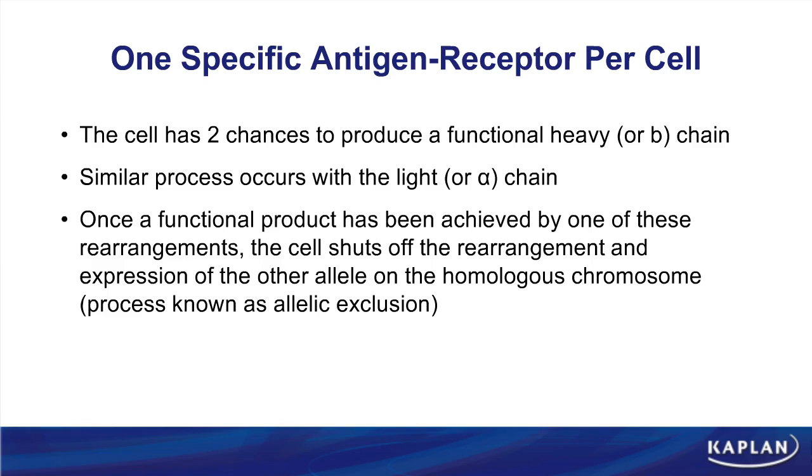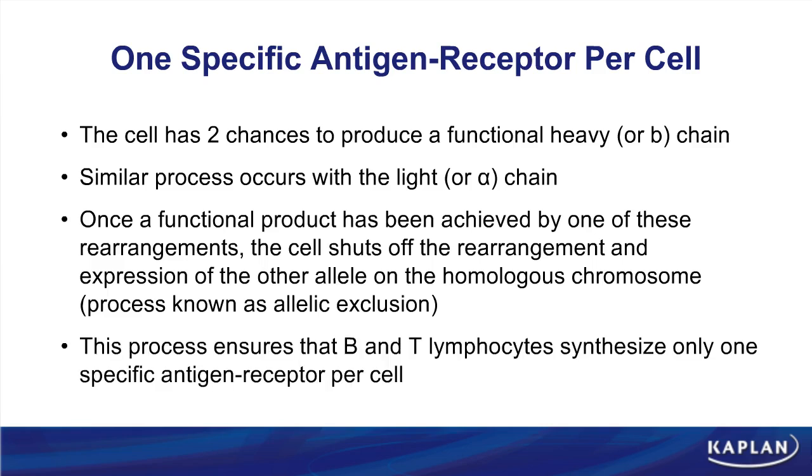And why do you think that would be important, to exclude rearrangement on the other allele? Well, when we talk about the immune system, B cells and T cells in particular, we know that there's one cell with one specificity. And what are the chances, if we allowed rearrangement to happen on both the maternal and the paternal chromosome, that those would be identical to each other?